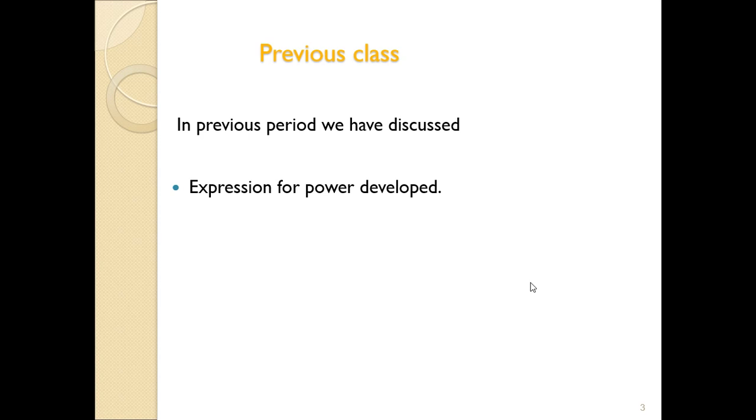When back EMF Eb increases, the armature current drawn from the supply also increases. When Ia increases, the torque, which depends on the armature current, also increases. It increases by such a percentage that it bears the applied extra load on the motor.